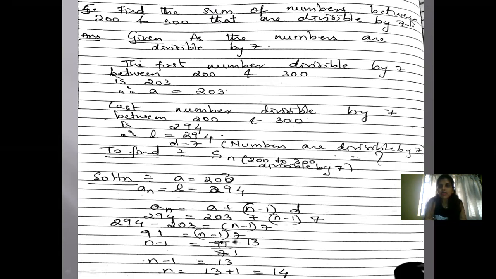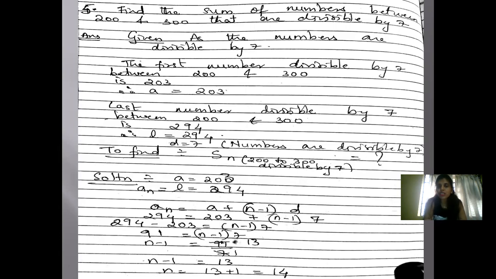As it is divisible by 7, you have to understand that the common difference is 7. And between 200 and 300, you have to check which number after 200 is the first number that will be divisible by 7.